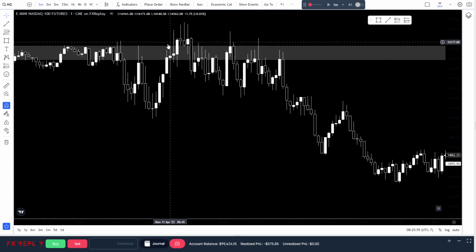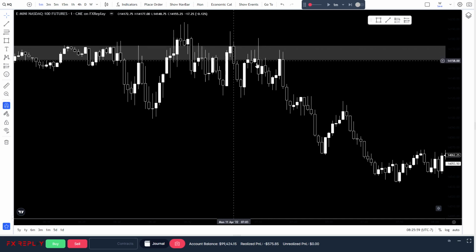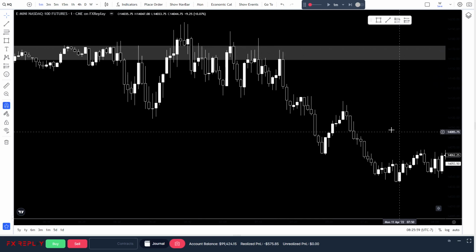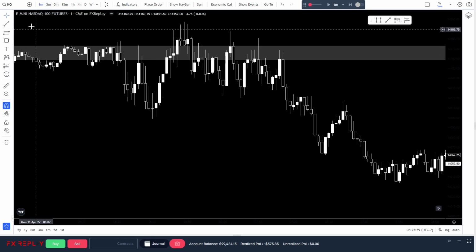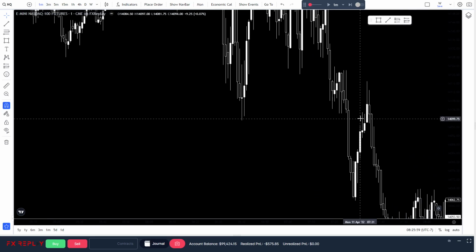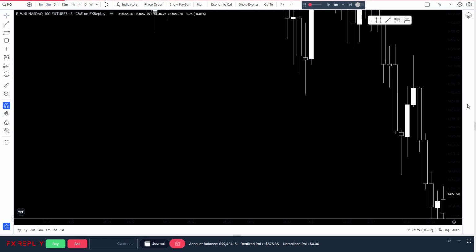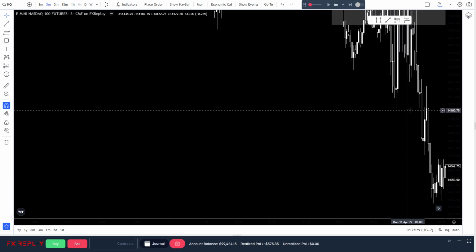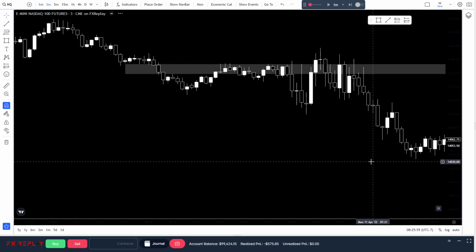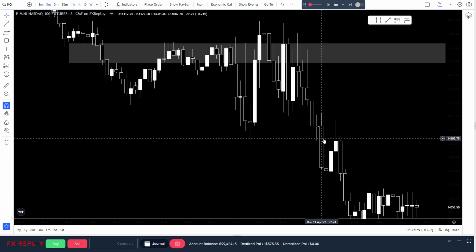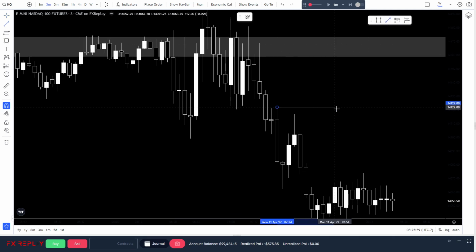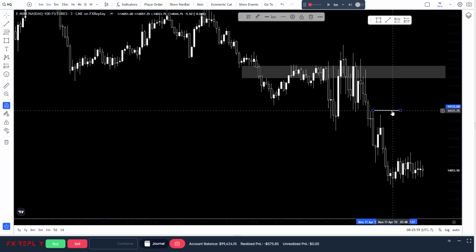One, because this is accumulation, or well, this is just like horrible. Then we do get a clean inversion, but the 3-minute didn't close above, so that's probably why. So yeah, if 3-minute closed above, I would probably see this working to this high, but it's all good.